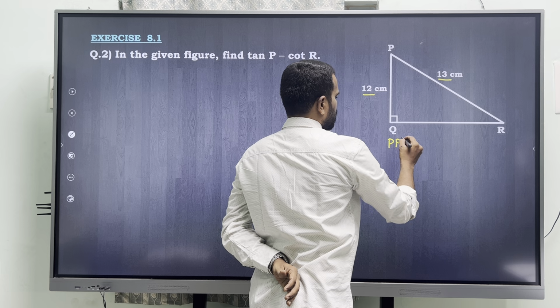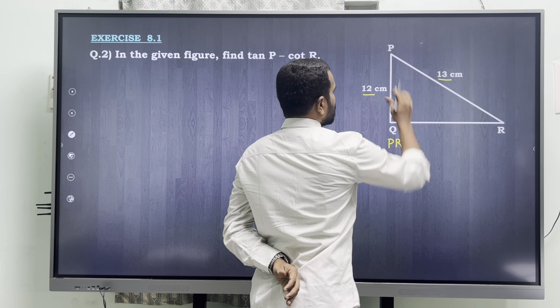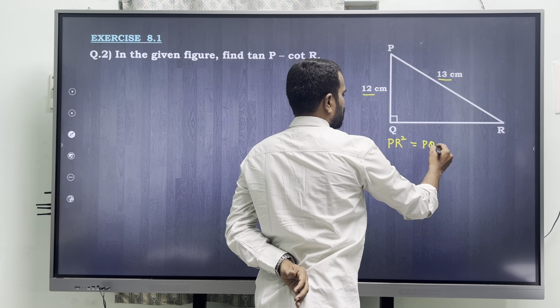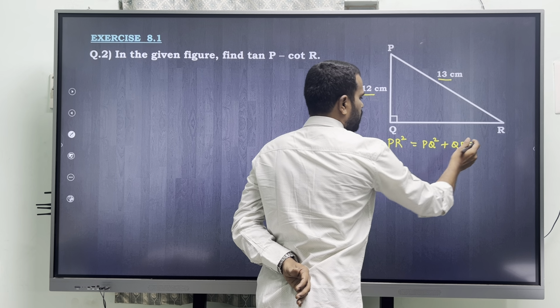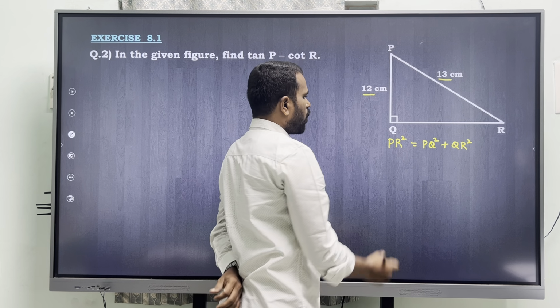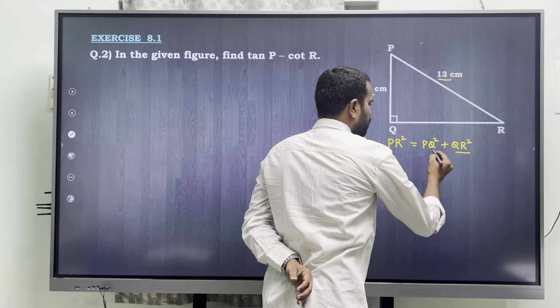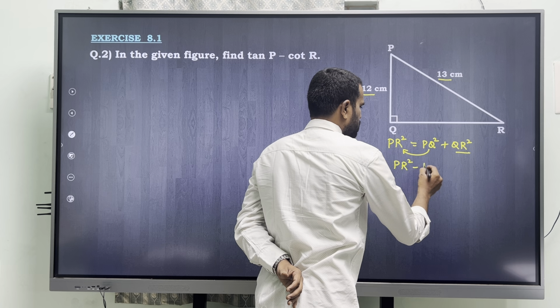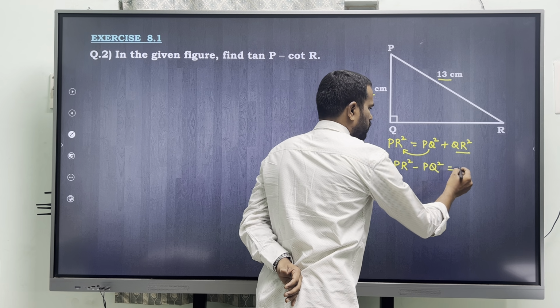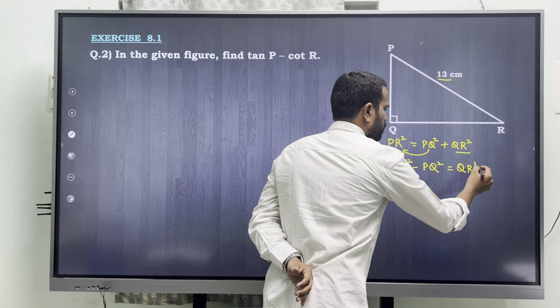PR square is equal to PQ square plus QR square, from the Pythagoras theorem. Now we have to find QR, so let us send this to the other side. PR square minus PQ square is equal to QR square.